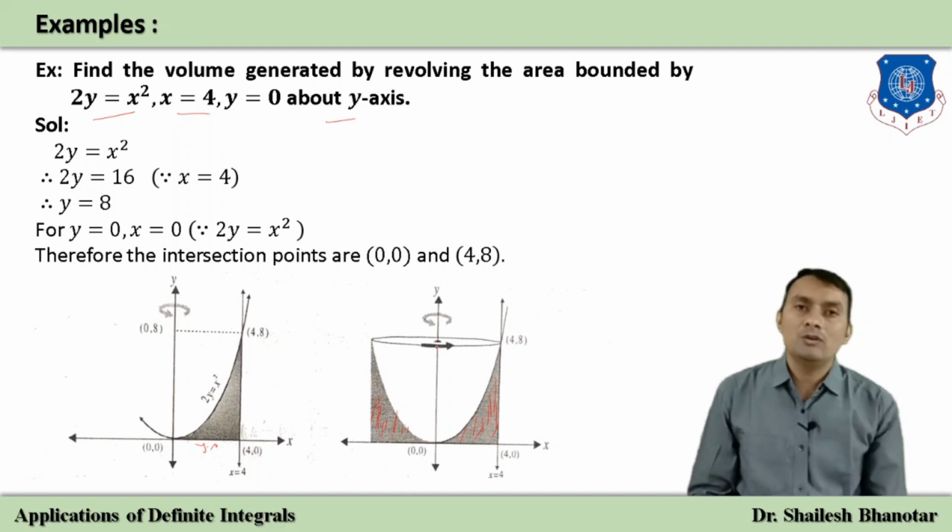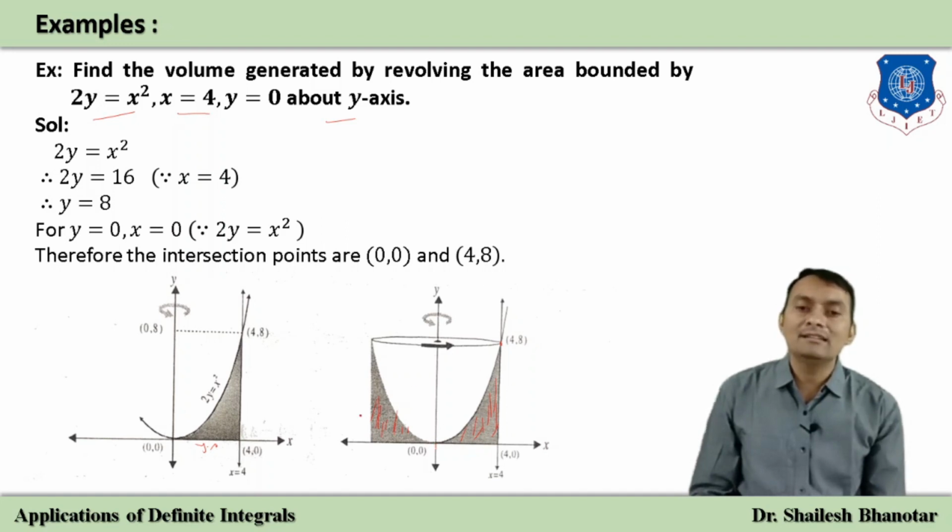So first we need to consider the intersection points. x equals 4 intersects the curve 2y equals x square at 4, 8, and the other intersection point is 0, 0.